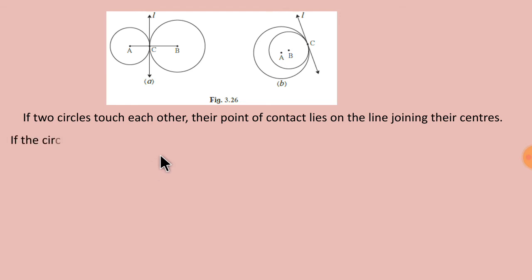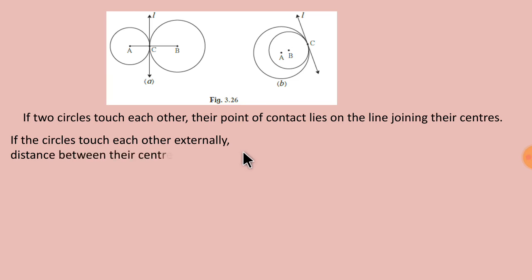If the circles touching each other externally, then distance between their centers is equal to the sum of the radii of both circles.